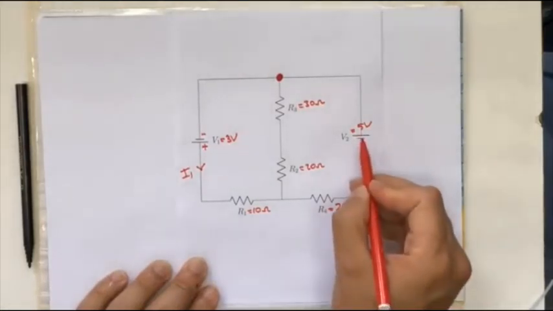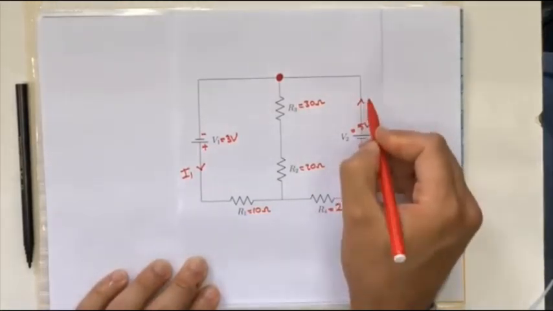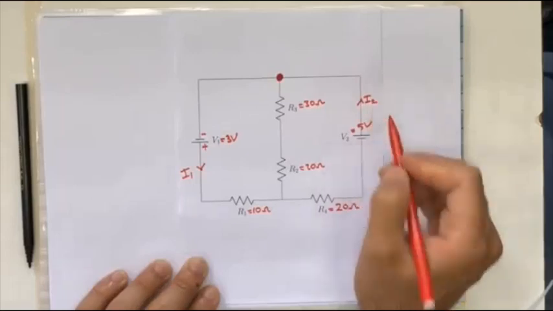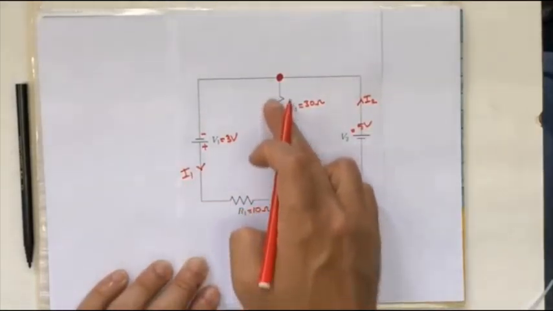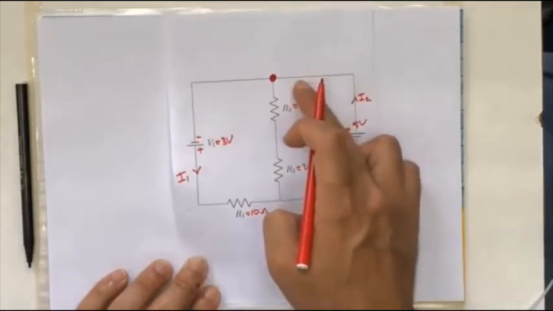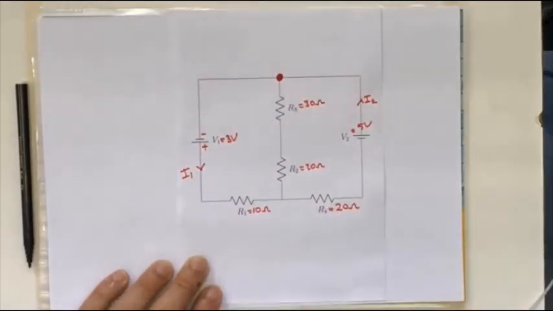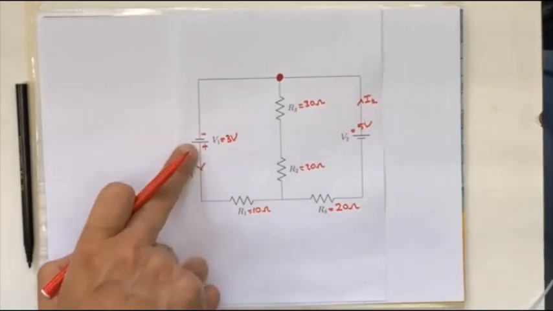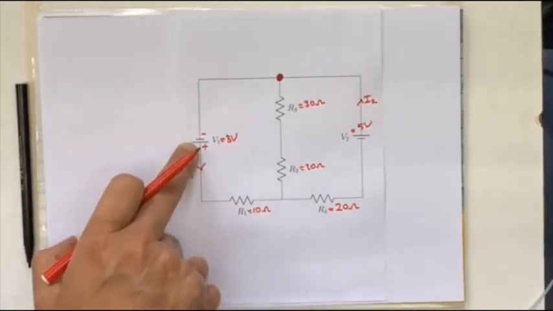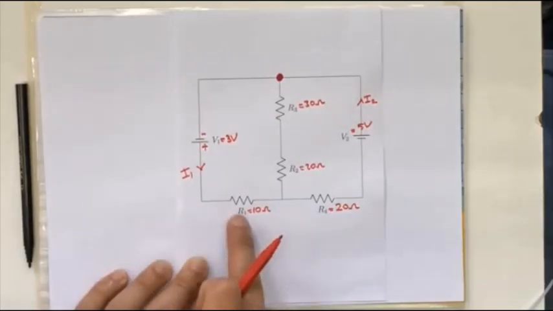And for V2, let's define the second current as I2 in this way. I1 starts from the positive terminal of V1 and comes to R1.